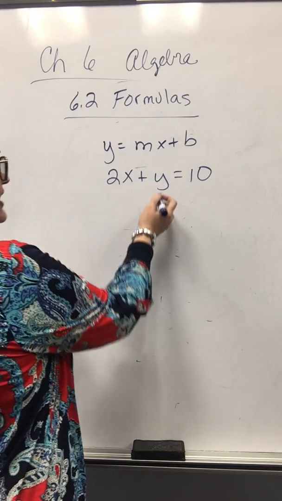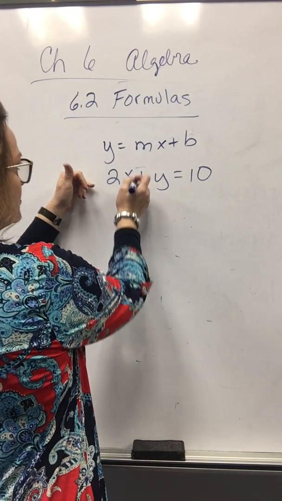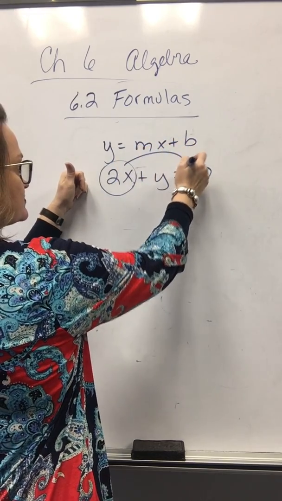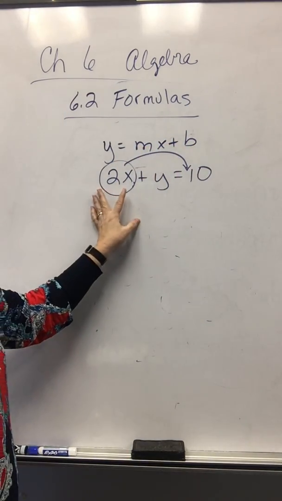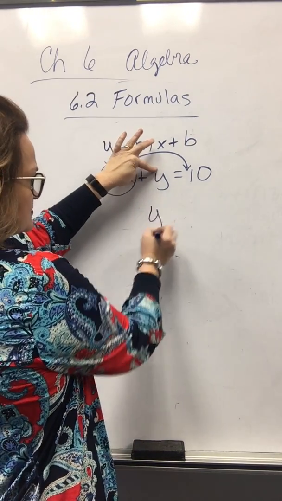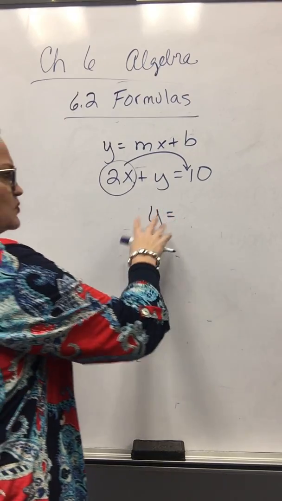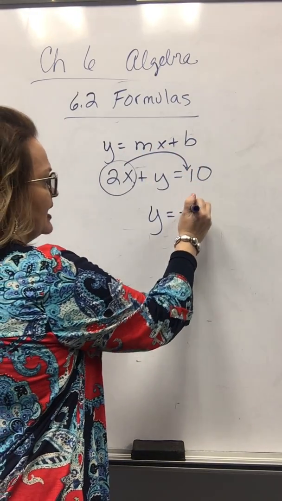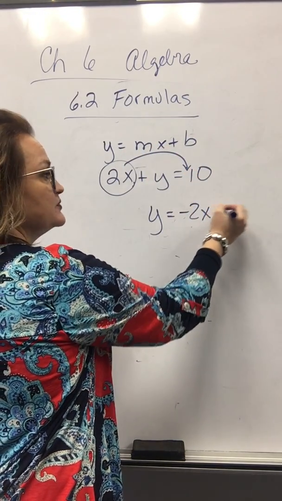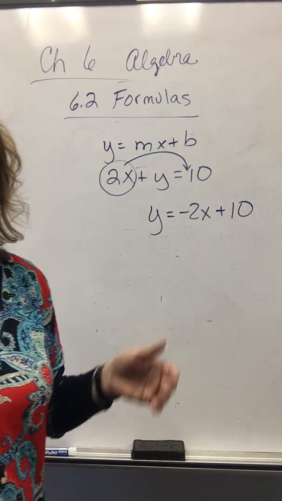So in this case, to solve for y, to get y alone, we throw this 2x across the line. We know when we move a term across the equal sign, it does the opposite sign. So y is still there, and it's a positive y, or just y. The 2x becomes minus 2x, and then the 10 was already there. And so that's all we had to do on that one to get it solved for y.